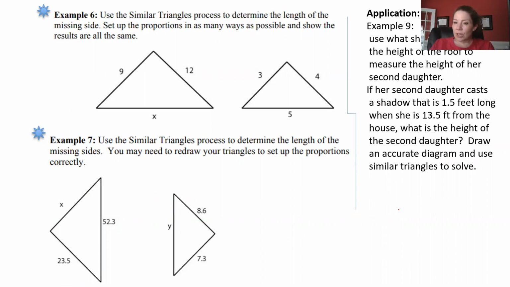All right, so here's the daughter. We know that her shadow is 1.5 feet long when she is 13.5 feet from the tall house.